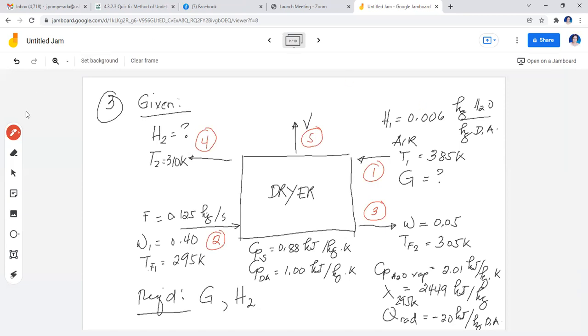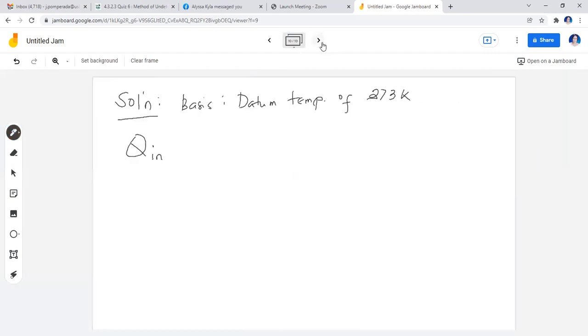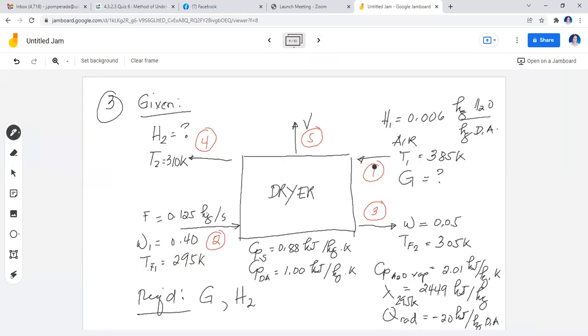So let's now start with our energy balance here. Based on our labeling, if we need to account for the total energies entering our dryer, that would be for this stream and for this stream.